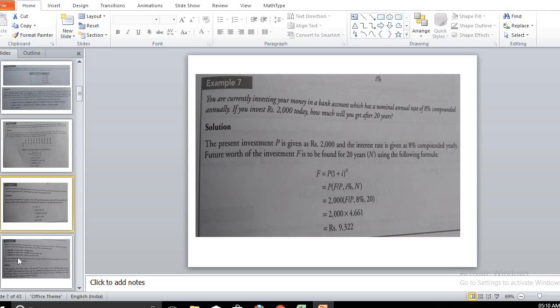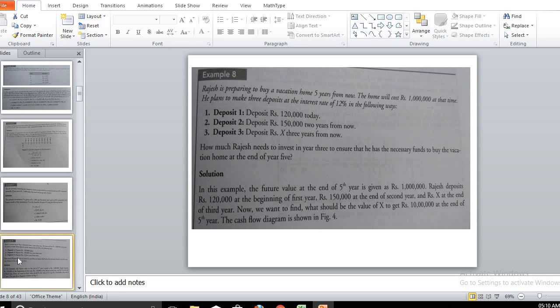If you invest for a uniform series, how much will the future worth be? That can be calculated when the principal amount is invested uniformly. This example is based on uniform investment.